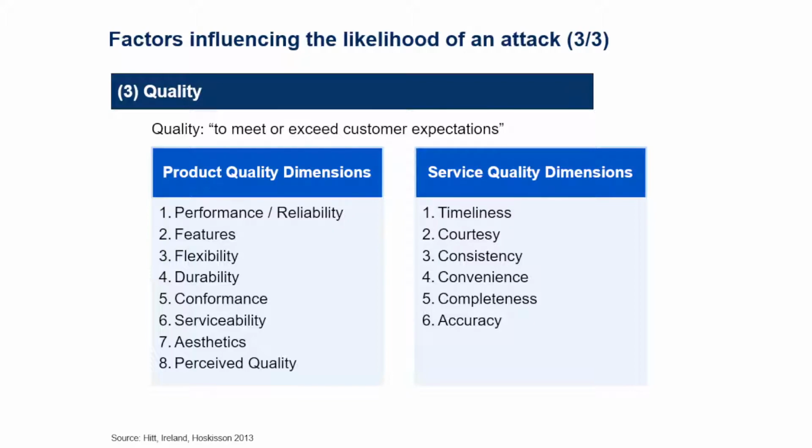The key here is that we need to understand what is our position and what is the competitor's position in terms of quality, because a company that has quality issues is less likely to launch a competitive attack and is also more vulnerable and might not be able to respond. So timing, company size, and quality are the three factors that influence the likelihood of a strategic attack.